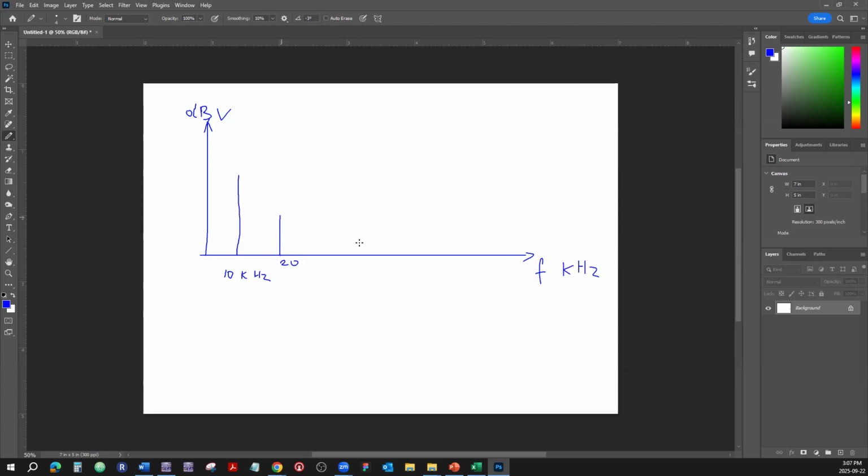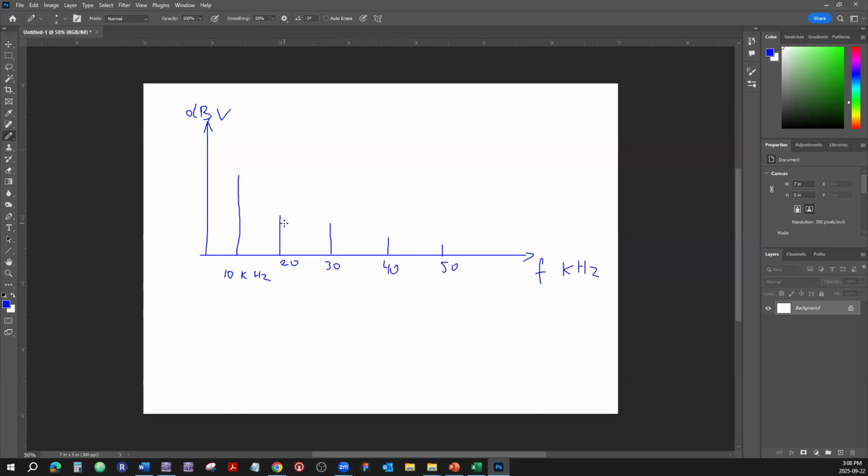There's going to be 20 kilohertz, the second harmonic. Third harmonic would be 30 kilohertz, 40 kilohertz, and 50, and so on.